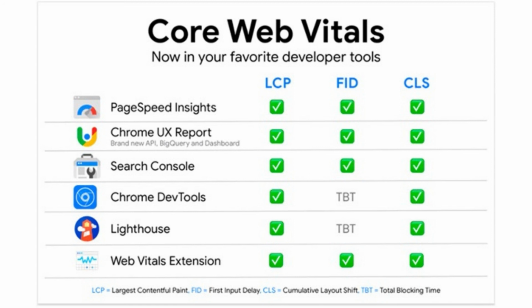Second one is the Chrome UX Report, and third one is Google Search Console. By using Google Search Console, you can measure it. Fourth one is Chrome DevTools, and fifth one, I think, is the Web Vitals extension. You can measure and fix core web vitals errors.